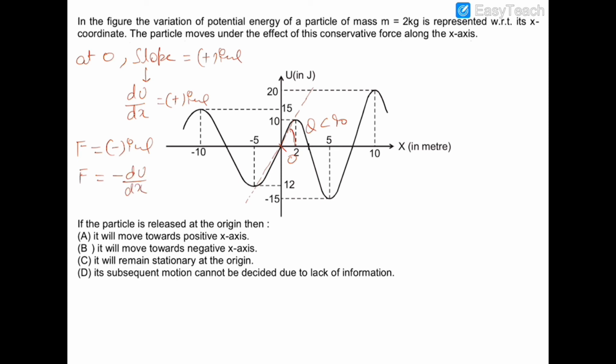Therefore at point O force will be negative, and if we release a particle from rest at point O, then it will start to move towards negative x-axis, which is the correct option B.